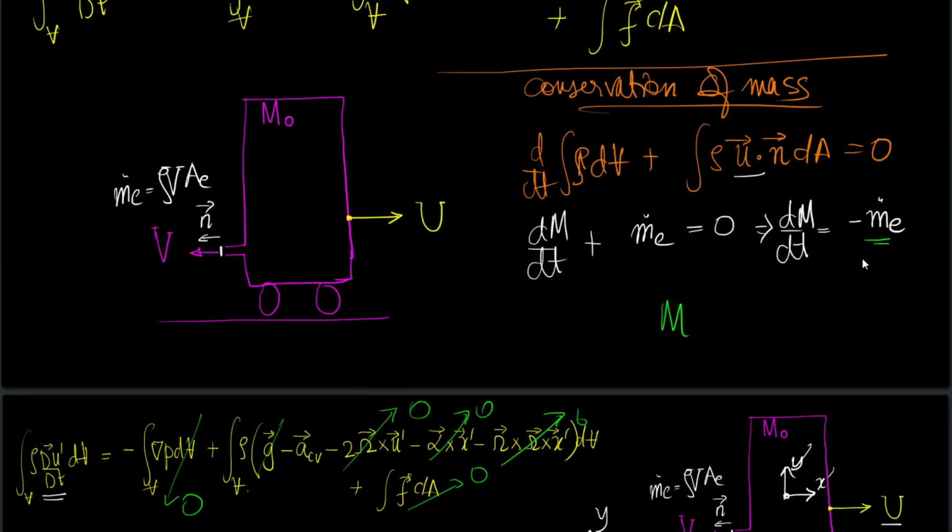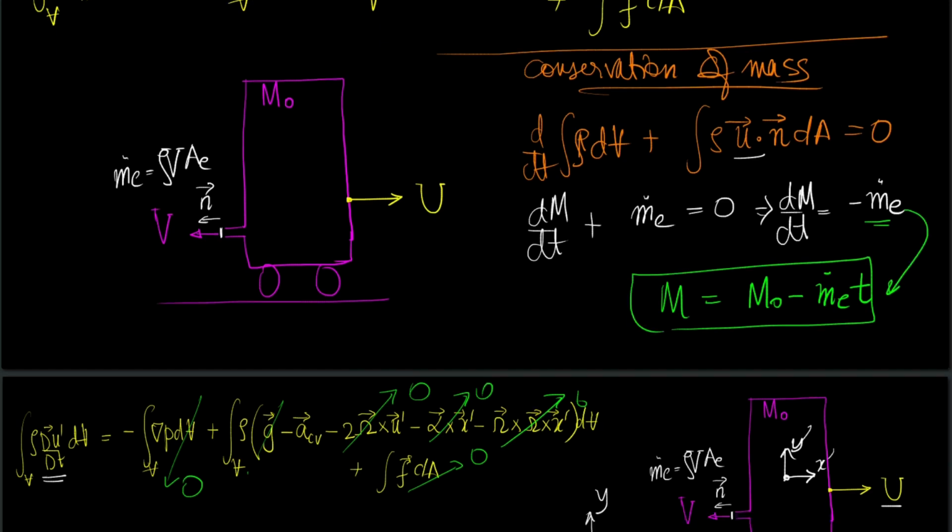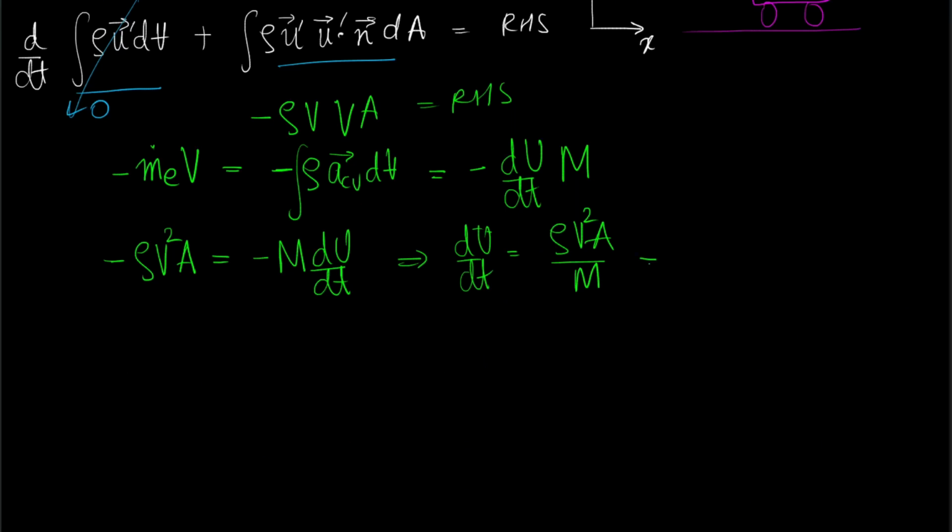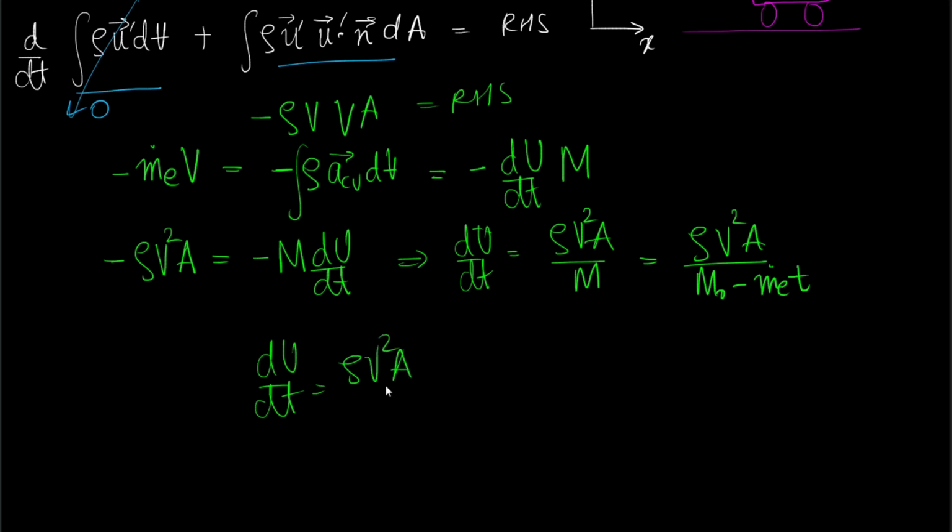Because m dot e is going to be a constant, m is going to be m naught minus m dot e times time. So du/dt is rho v squared A upon m naught times 1 minus m dot e by m naught times time.